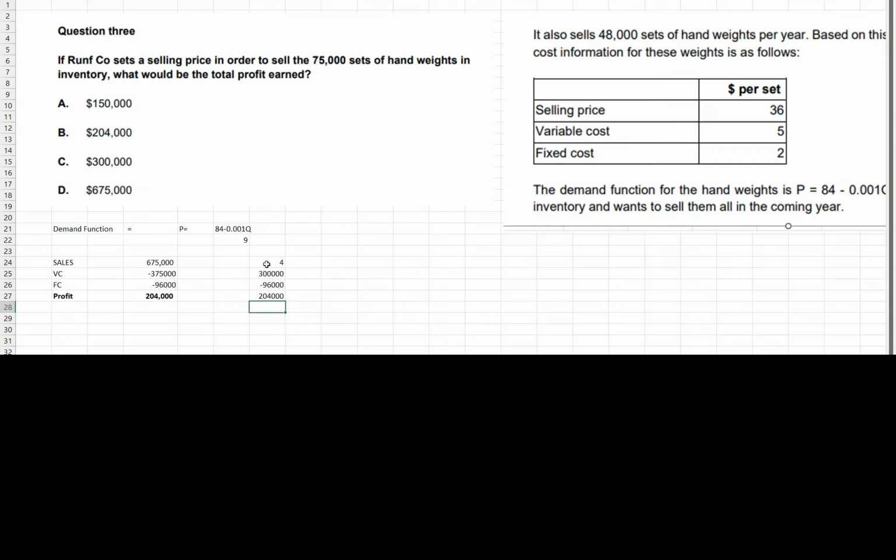So if you had used 75,000 here instead of 48,000, you would have gotten option A, which is incorrect.